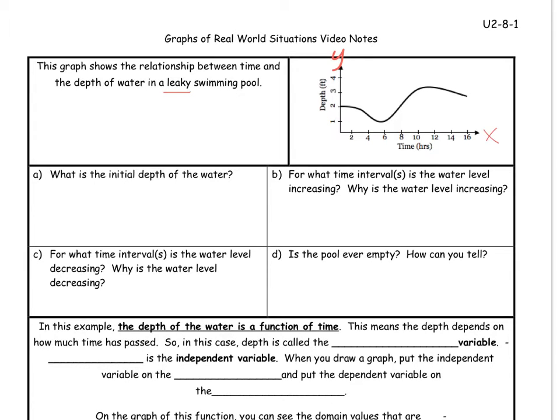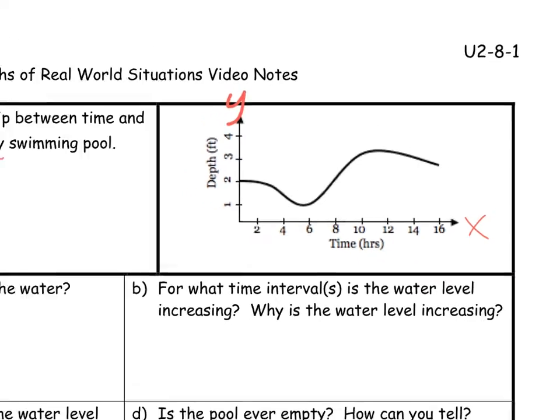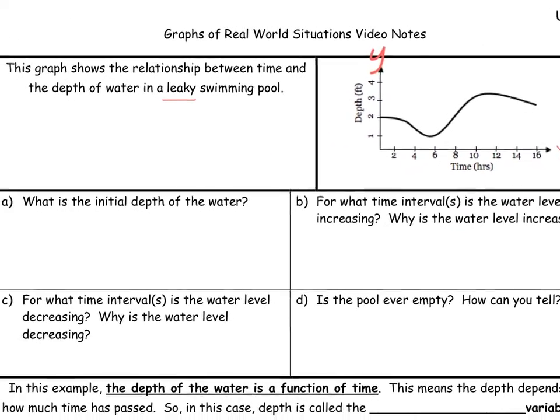So if we look at the domain of this graph, the domain goes from 0 to 16, and the range goes from 1, which is our lowest point, to about maybe 3 2/3, 3.3 to our highest point. So we're going to be looking at domain and range in this graph, and what does it mean in a real situation?